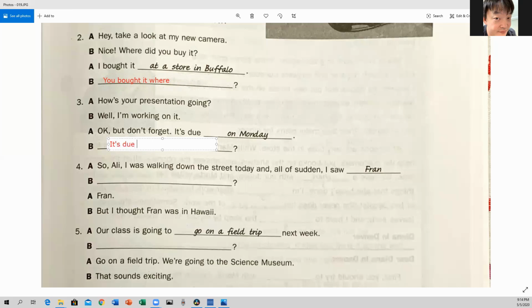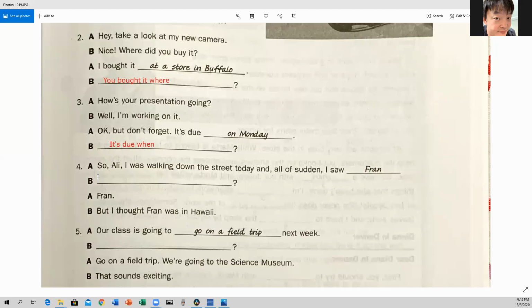It's due when? It's due on Monday. Okay. Number 4.